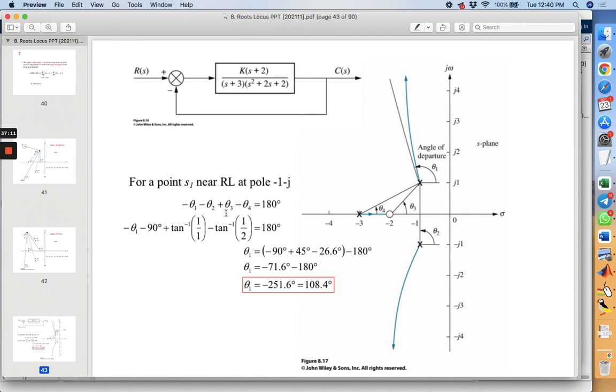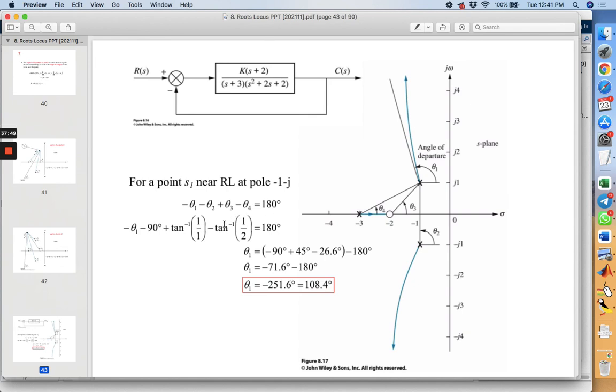We know from the characteristics of the root locus that the summation of angles at one point, S1 in this case, equals 180 degrees. So we take the angles theta 1, theta 2, theta 3, and theta 4. The angles of all these poles and zeros equal 180 degrees.